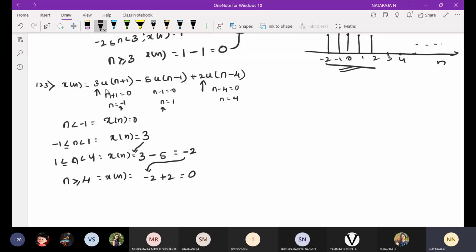Now, if you want, you can check or you can sketch. Finally, we can sketch the signal: for n less than minus 1, it will be 0. From minus 1 to 1, it will be 3.